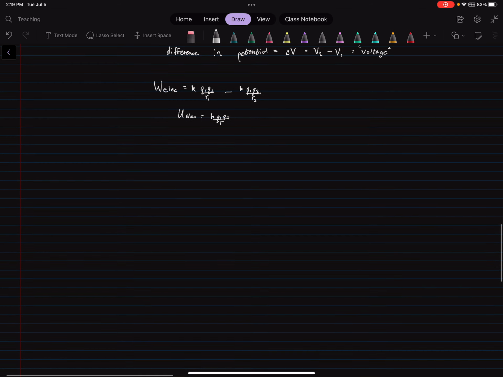For potential then, we have the work due to electricity on a per unit charge basis. So work per unit charge, Q naught.